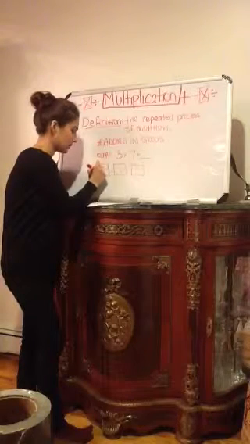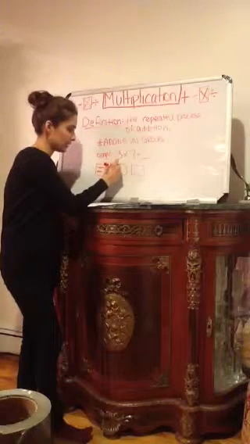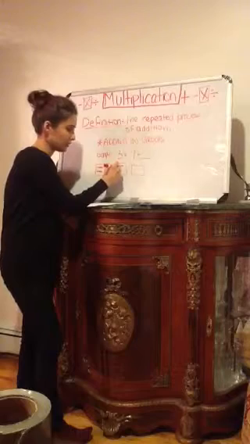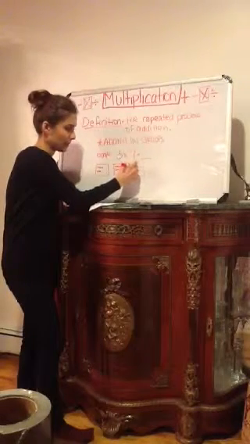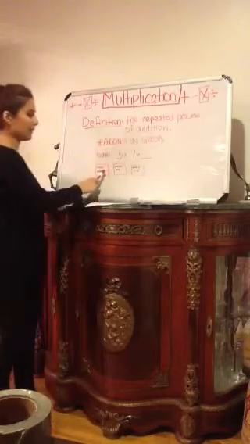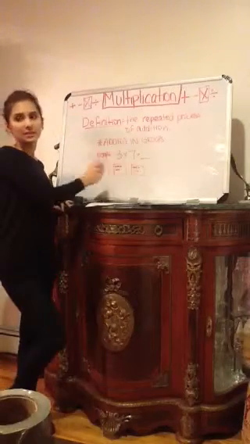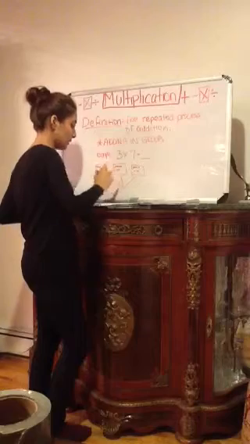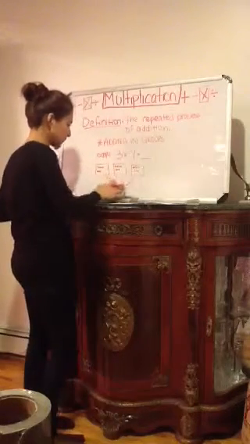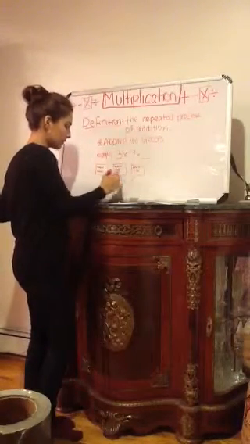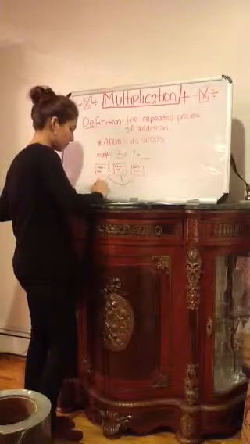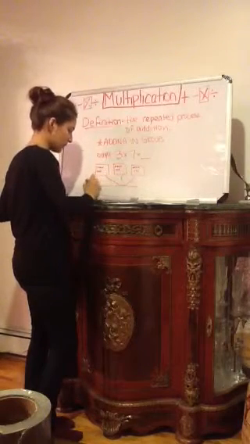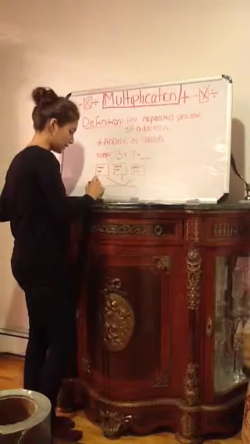We're going to be drawing circles as our item. So now we have 3 groups of 7 items in each. Now we're going to make one big group and add all of the items together.